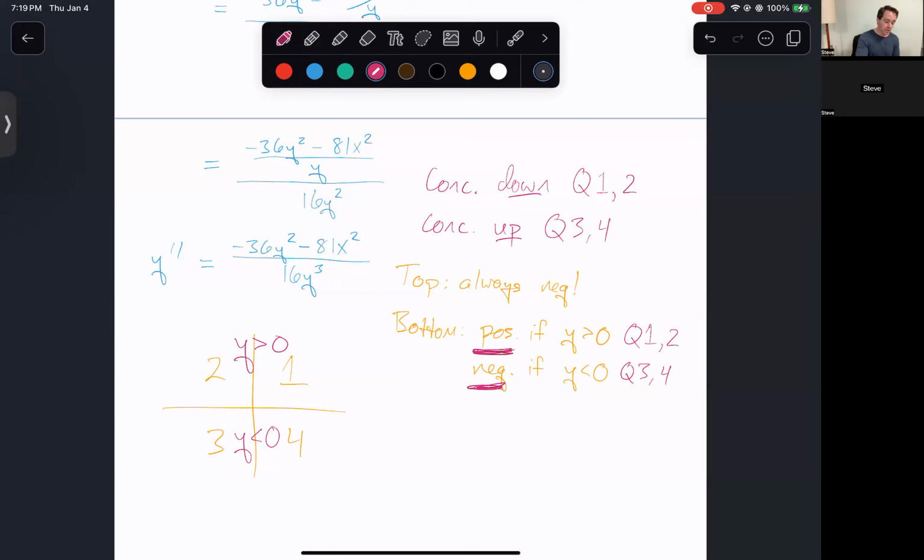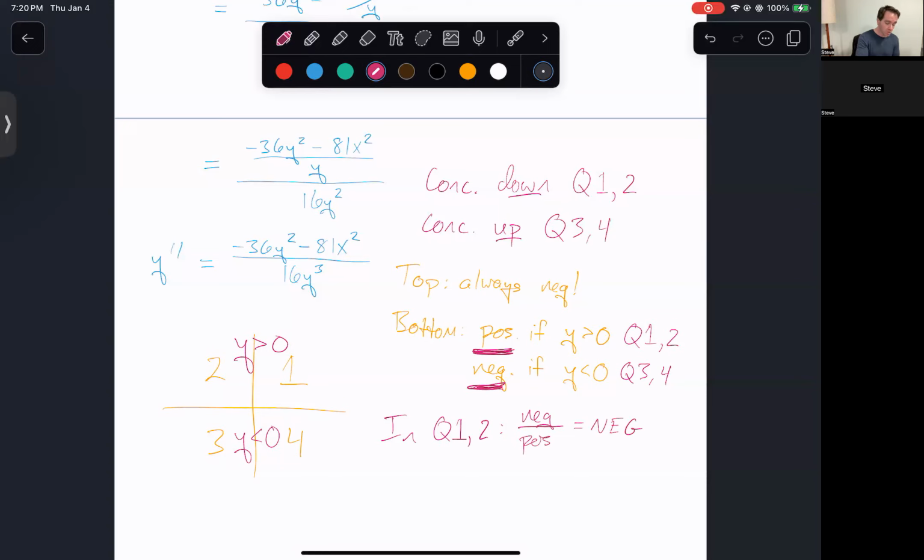So in quadrants 1 and 2, remember that the top is always negative, divided by a positive. That means you've got a negative second derivative in quadrants 1 and 2.